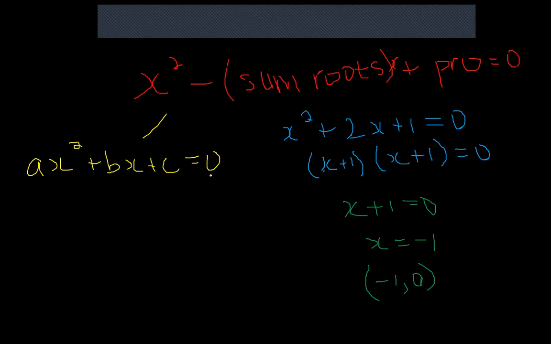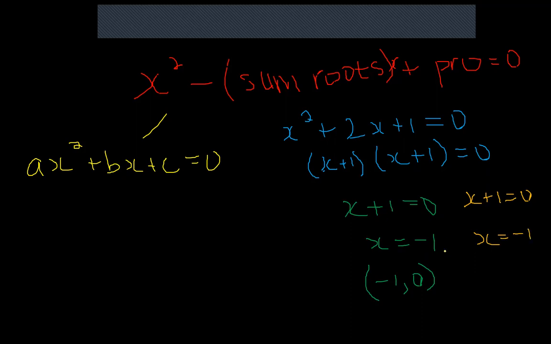If I look at the quadratic form that we know, ax squared plus bx plus c is equal to 0, and then I look at this that I told you, x squared minus the sum of the roots x plus the product is equal to 0. For this example, my root would be minus 1. Let me just write the other one. x plus 1 is equal to 0, x is equal to minus 1.